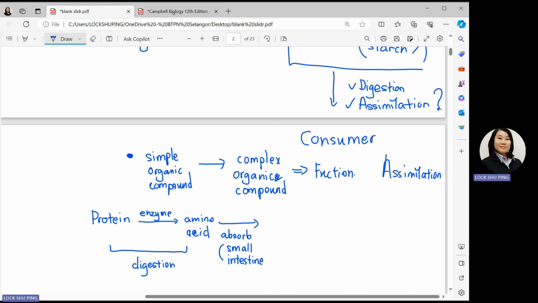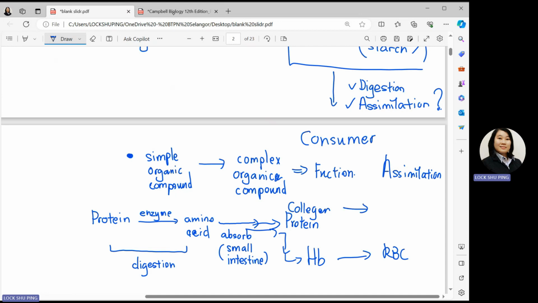Once they enter the small intestine, our body will rearrange the amino acids back into protein. For example, collagen, or they will rearrange the amino acids into hemoglobin, which is used inside the red blood cells.